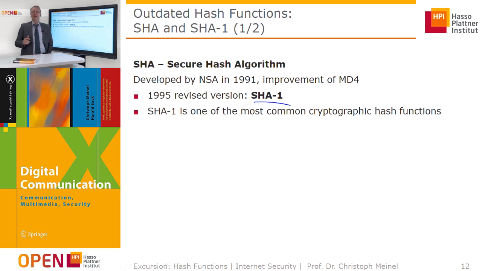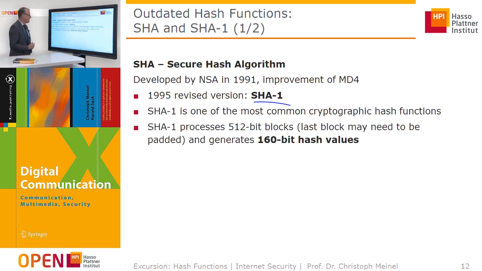Together with MD5, SHA-1 is one of the most common cryptographic hash functions on the internet. It processes 512-bit blocks like MD4 and generates 160-bit hash values.